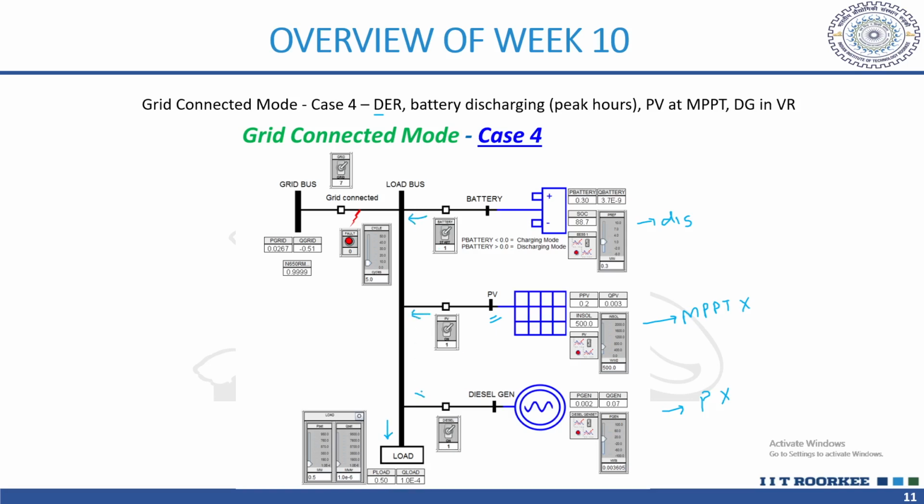So if you see now, your summation of generation will be PV at 0.2 plus the battery, so 0.5 of generation, which is exactly equal to the P load.